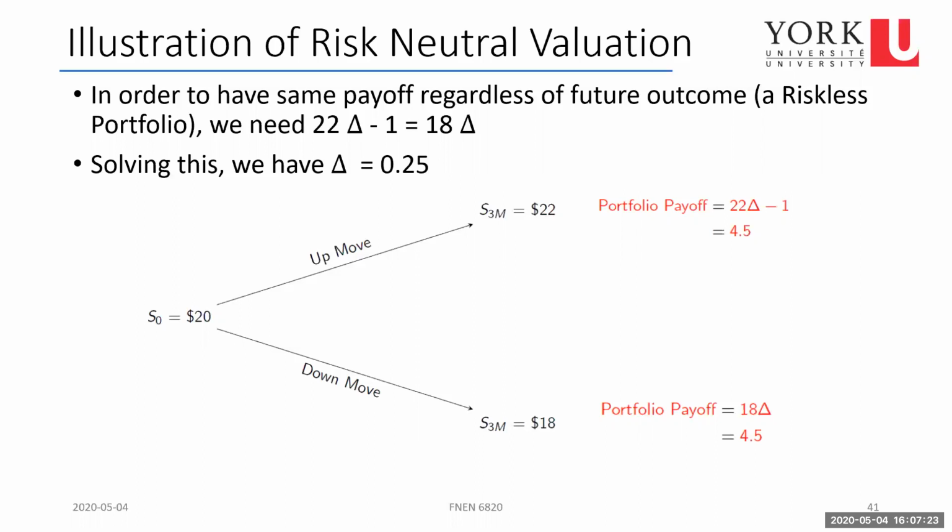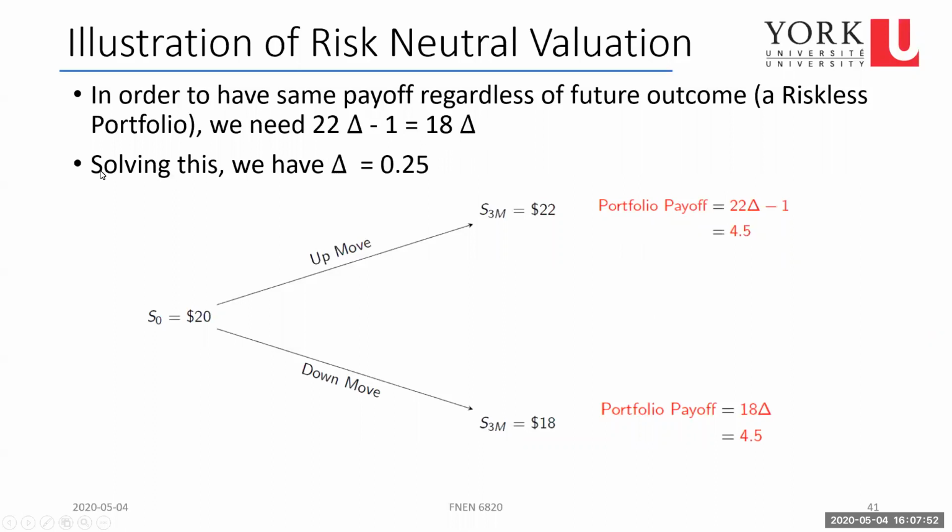If you have the right delta selected, you can make this portfolio have the same value in either case. So you have 22 delta minus 1 equal to 18 delta, right?